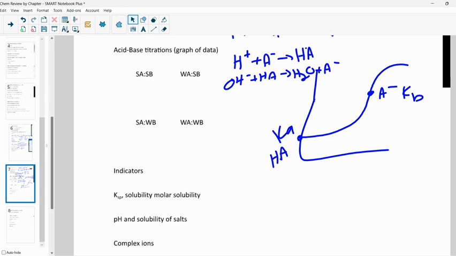All right. In here, I have both HA and A minus. So what equation can I use? I can use my HH to get the pH. Right? All that's changing is that ratio of A minus to HA.